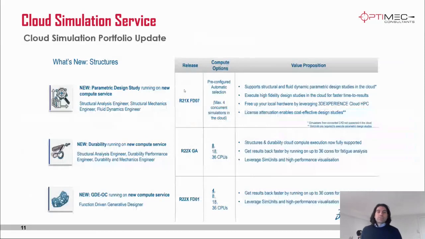All right, in terms of applications, what's new on the structure side? There's a new parametric design study. All of these new applications I'm going to talk about run on the new compute services, the new grid. The first one is the parametric design study, which is an amazing application. If you haven't played with it, I strongly encourage you to have a look at it.